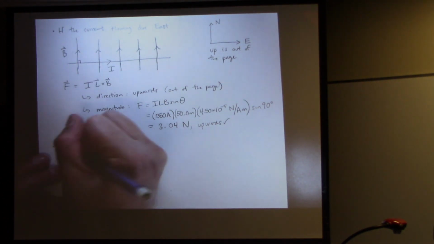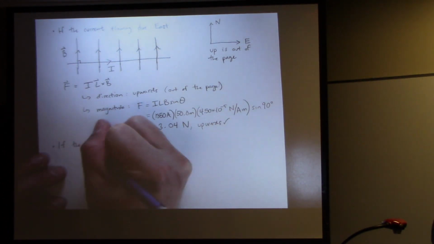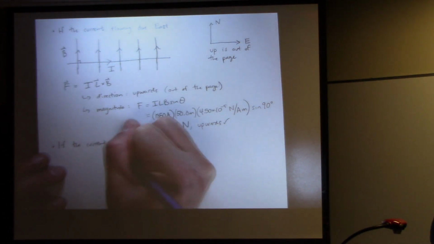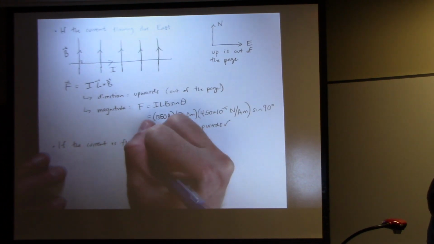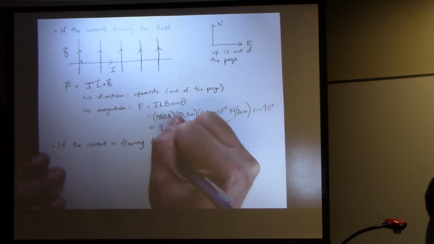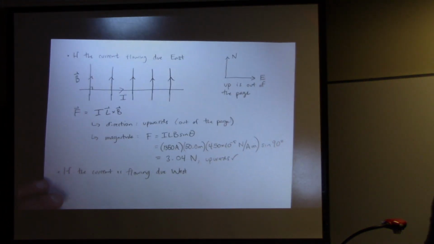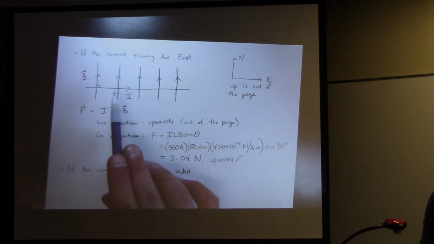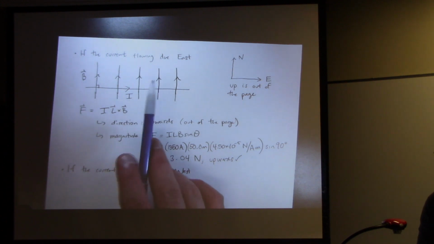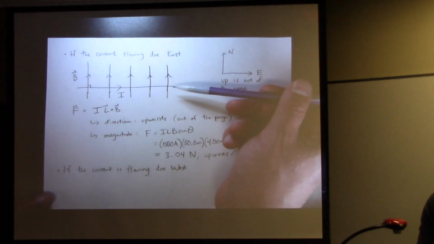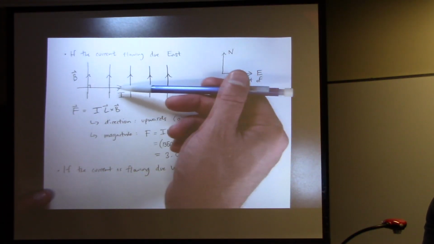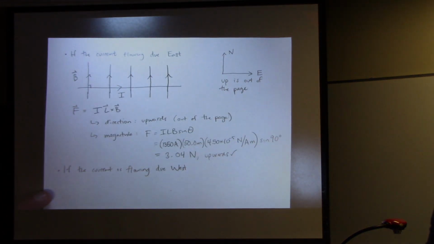Okay, let's do the next one. The current is flowing due west. It's pretty much the same exact picture we already had. I'm not going to redraw it, except now the current is going due west, which is to the left in our picture.